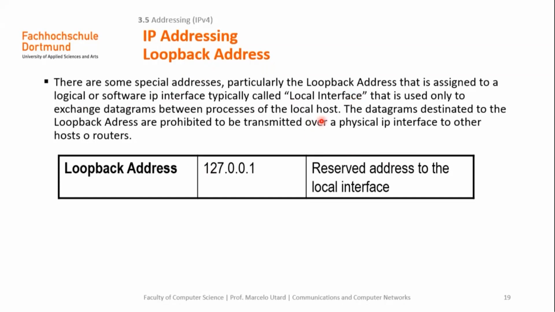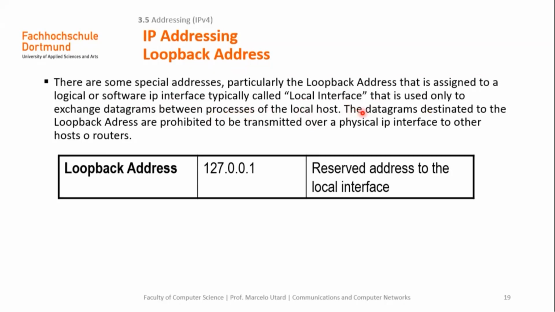I was talking about the loopback address that is assigned typically to a local interface. A local interface is typically a logical or software interface in any platform, a host or router, and that kind of interface is used only to exchange datagrams between processes of the local host or local router.